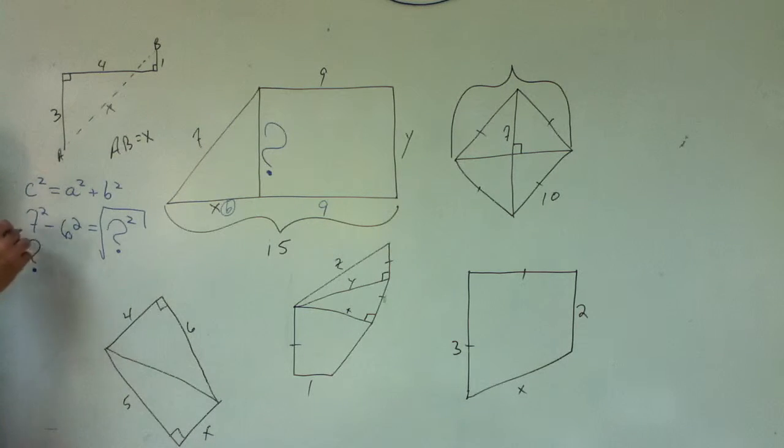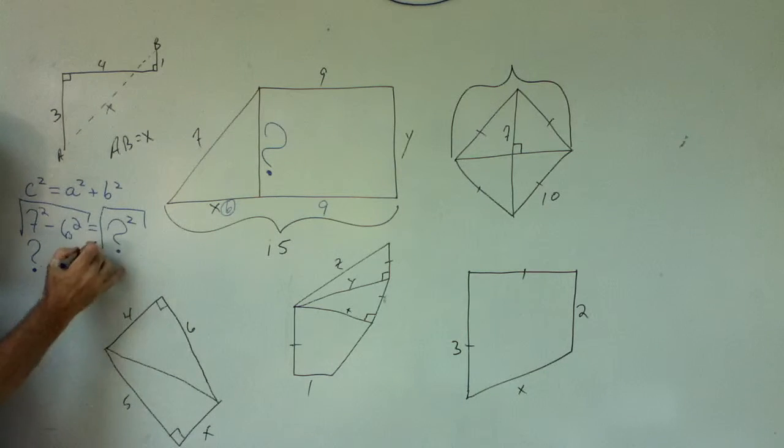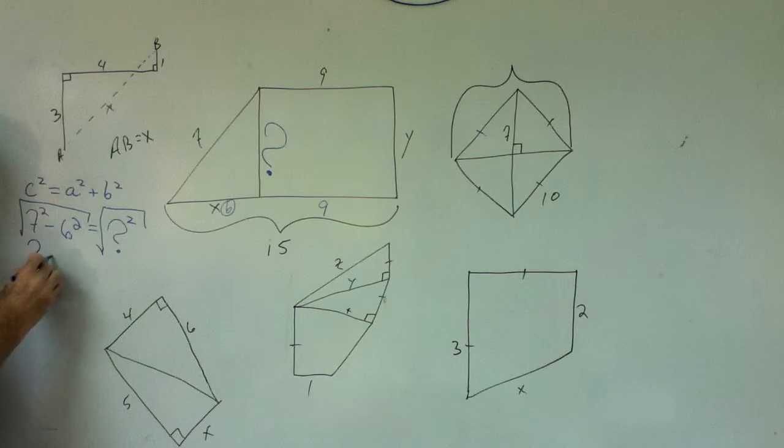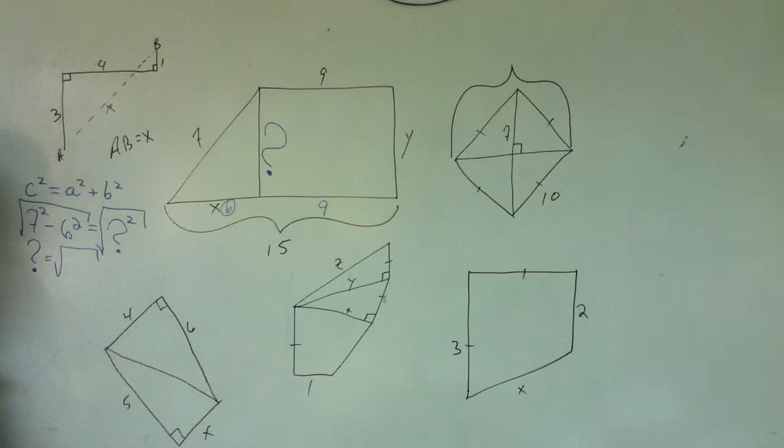Okay. Now I'm going to take the square root of this. Let's take our time with this one. What's 7 squared? 49, right? John, is that right?